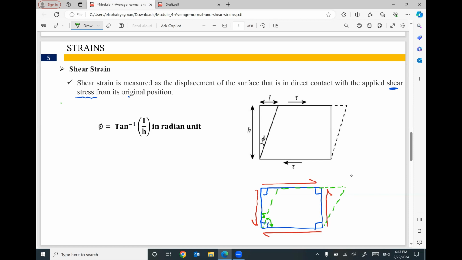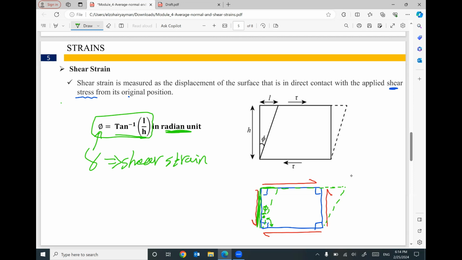That makes sense? So this little deformation will be represented by phi, and in this right angle triangle, phi equals inverse tan of the opposite divided by the adjacent. If you convert this value to radian, this value phi will represent the value of shear strain.